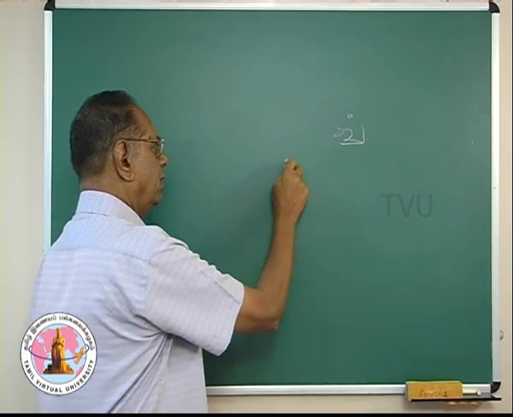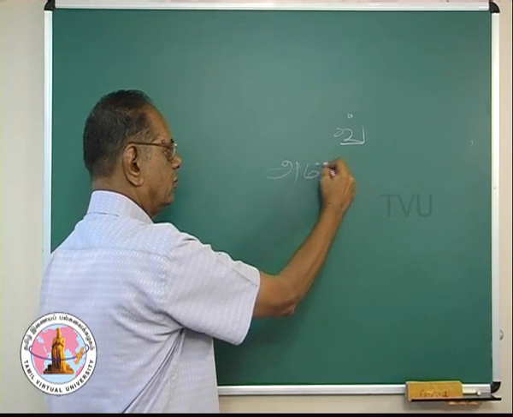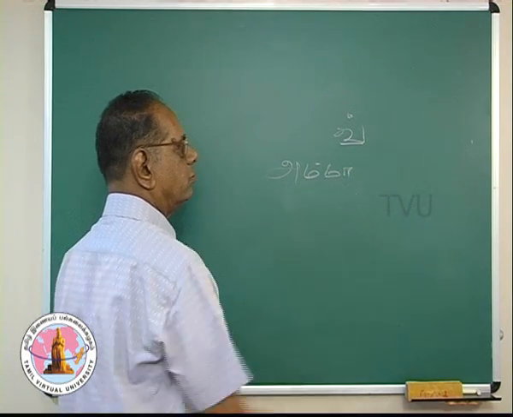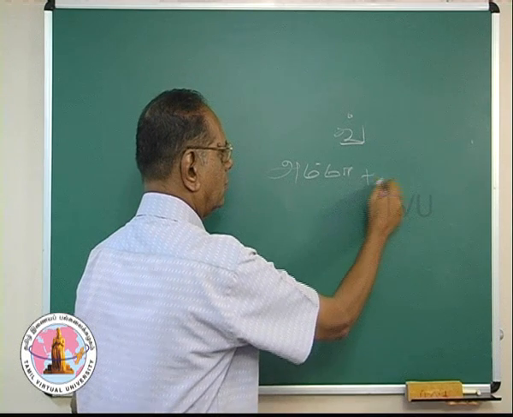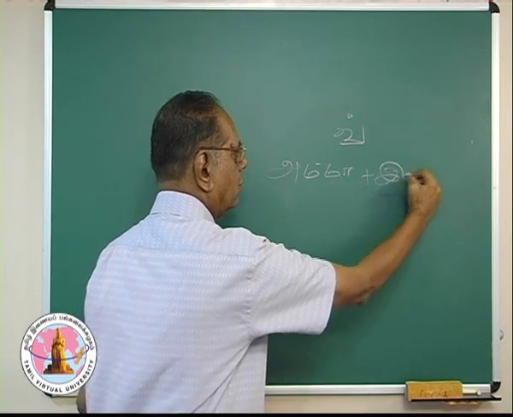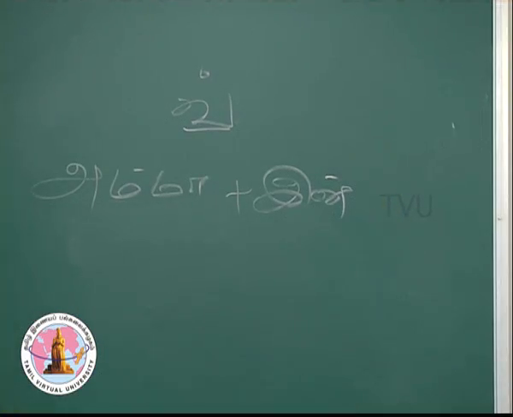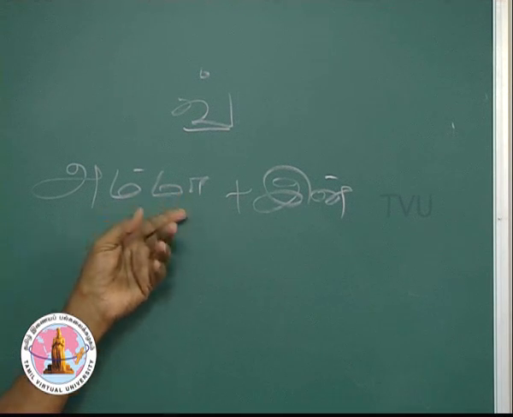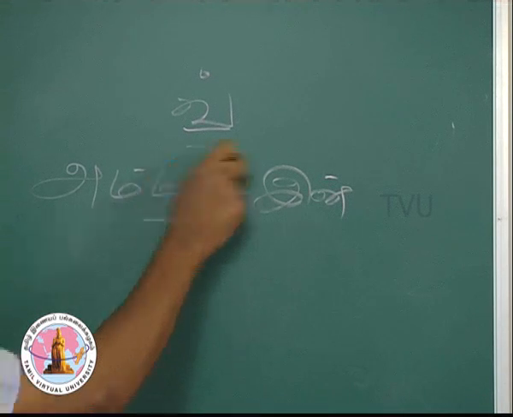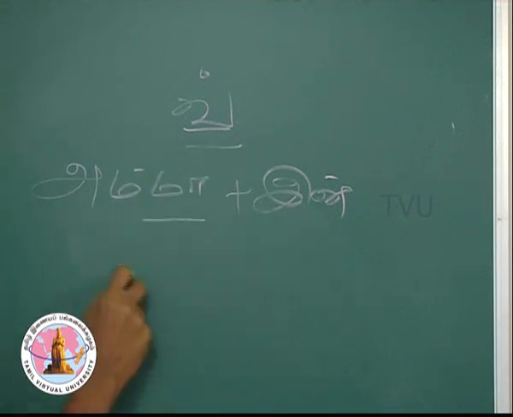We saw an example earlier. In this case, this word ends with A and here is a vowel. A semi-vowel is needed.